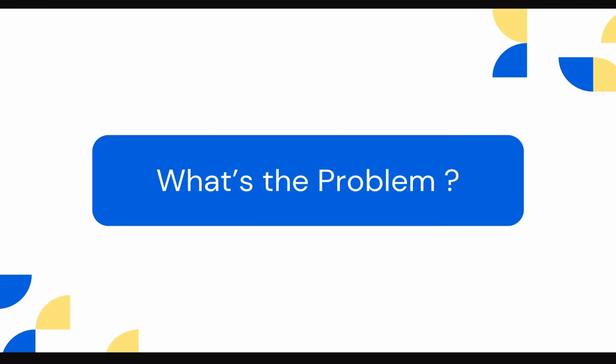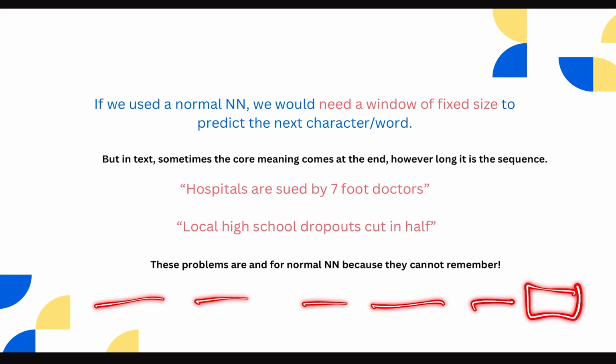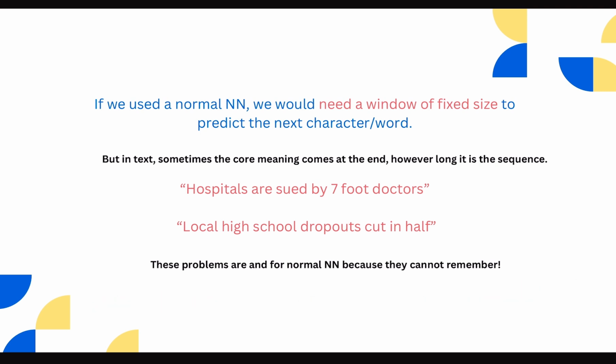Now, this is primarily the problem before the transformer architecture. If we use a normal neural network, we would need a window of fixed size to predict the next character or word. But in text, sometimes the core meaning comes at the end, however long the sequence is, isn't it? If I have a lot of sequences, the meaning may appear at the end of all of them.